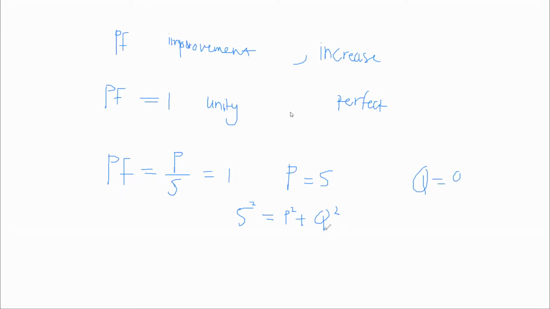So if S equals P, Q is 0. So when we want to improve the power factor, we are going to try to make Q 0 or smaller.